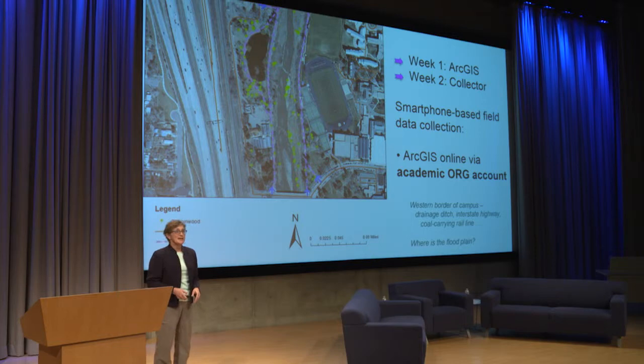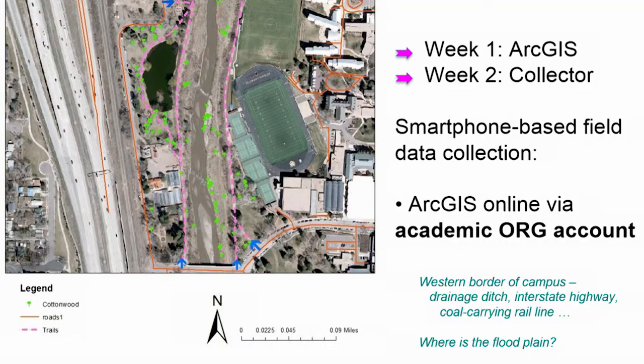The floodplain of Monument Creek that bounds the western edge of the campus has lost its floodplain. It's been channelized. There's an interstate highway, a coal-carrying railroad line, the vestige of what was a grand historic park, and city and Colorado College utilities departments in that area.